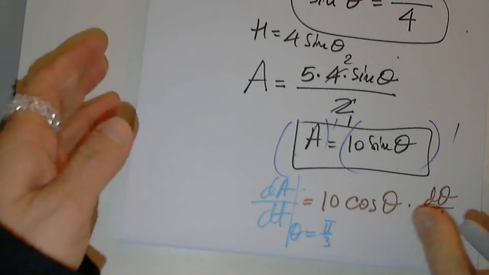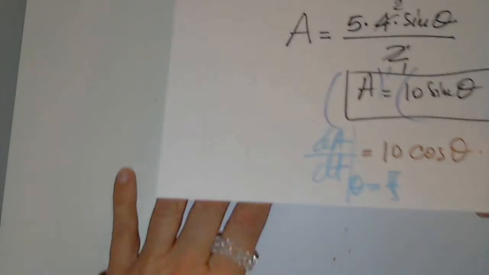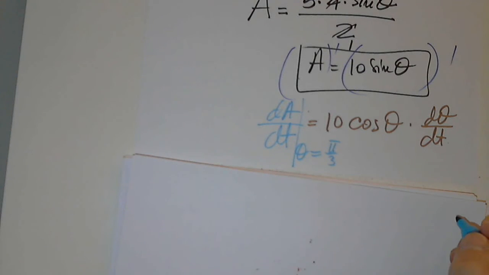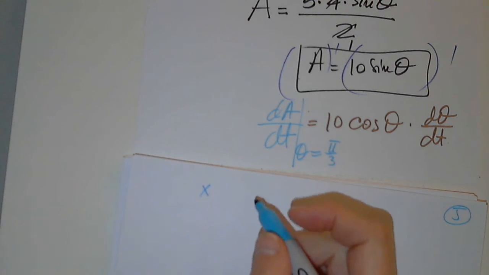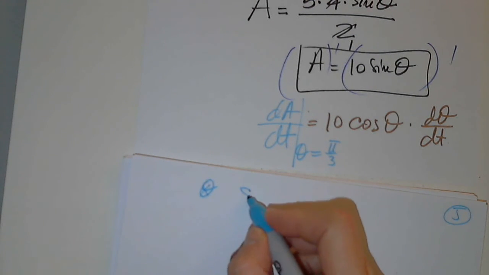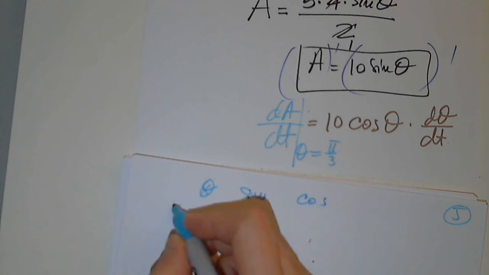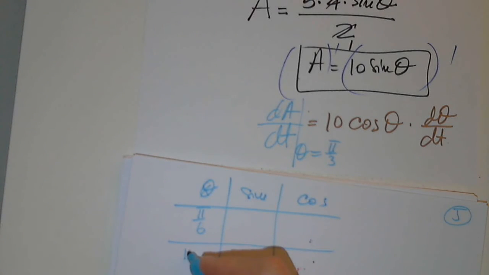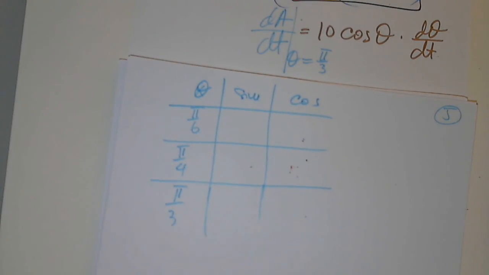So let me refresh your memory. Anybody remembers cosine pi over 3? That's okay. Here it is, very simple. I'm going to write theta, sine, cosine. So this is pi over 6, pi over 4, and pi over 3. There are only 3 numbers that we need to remember.